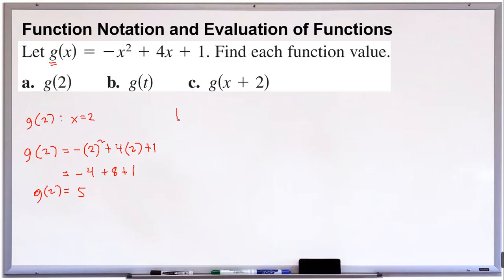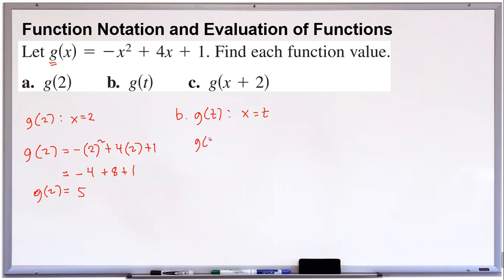Now for letter B, we have g of t. Again, whatever expression or numerical value is inside the parentheses will be the input value, or the value of our x. So we have x is equal to t.